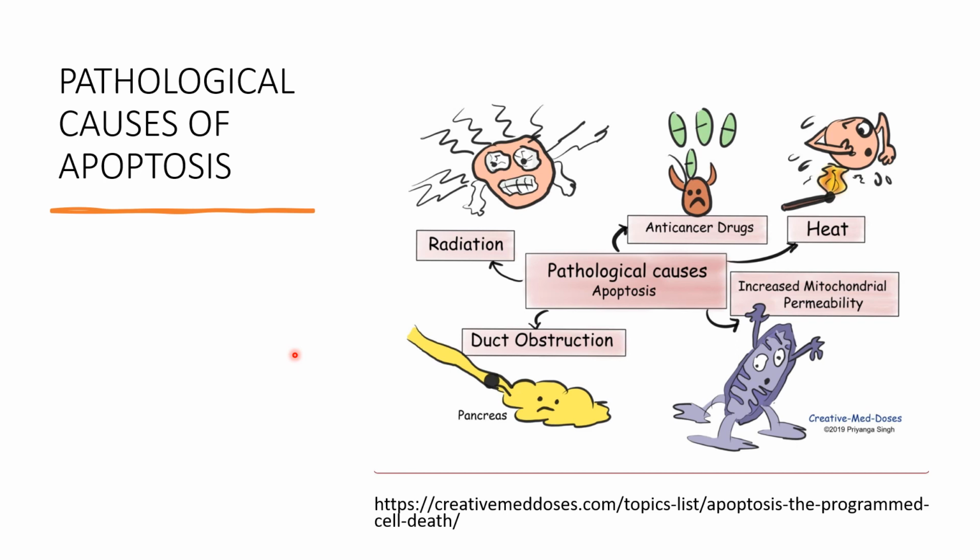For example, the cell is infected by viruses like HIV or adenovirus. So either it is directly infected by the virus or the body develops certain immune responses to eliminate the virus, which in turn is harmful for the body. Now that can be removed via apoptosis.